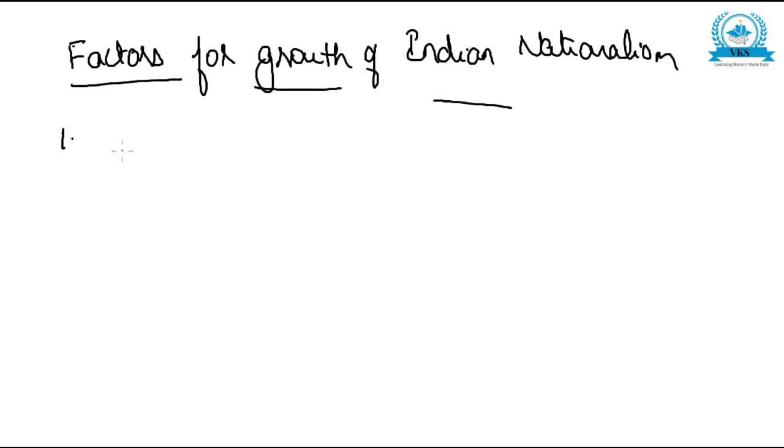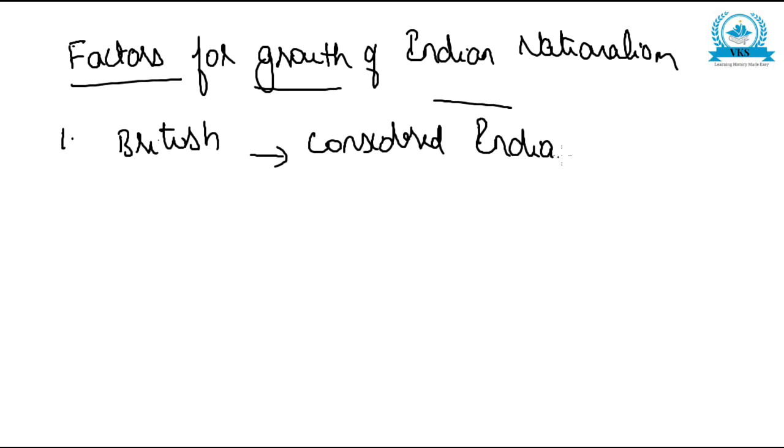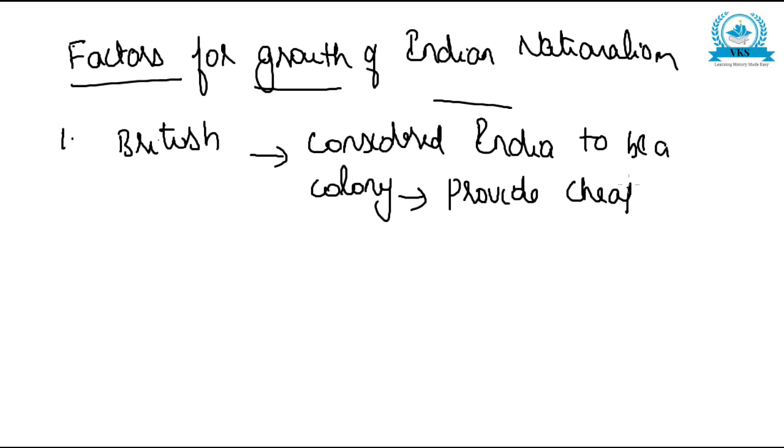The first factor was that the British considered India to be just a colony. They wanted this colony to provide cheap raw materials. That was how the British considered India.